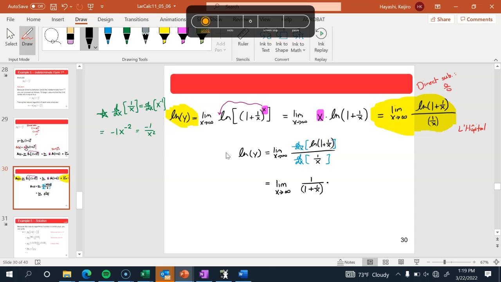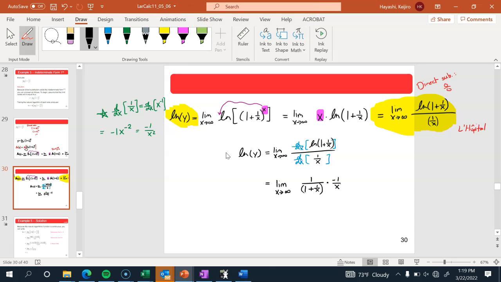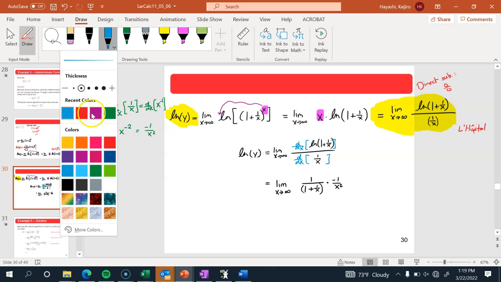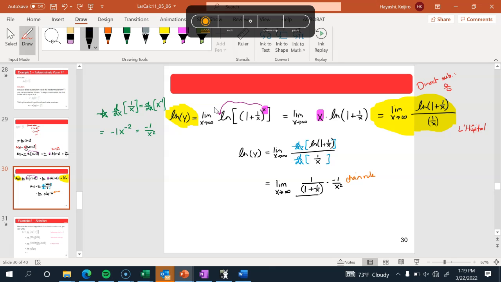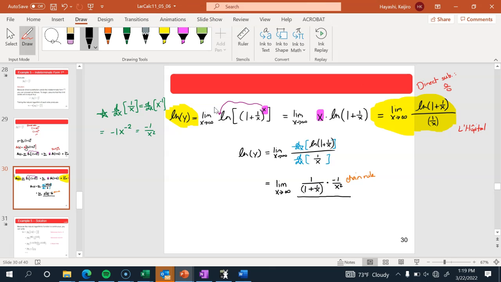Times negative 1 over x squared due to the chain rule. So that's the top of this fraction. And so yeah, we do appear to sort of have this fraction inside of a fraction inside of a fraction.